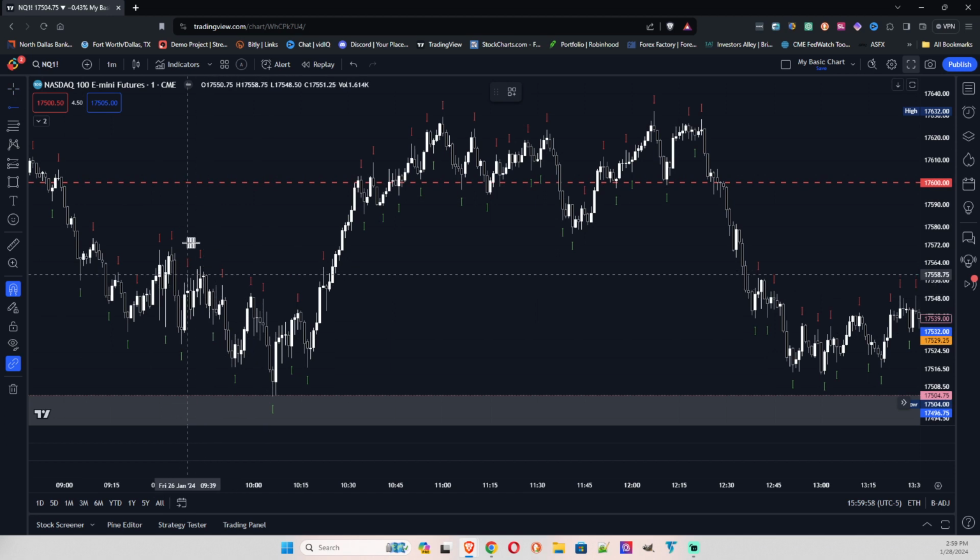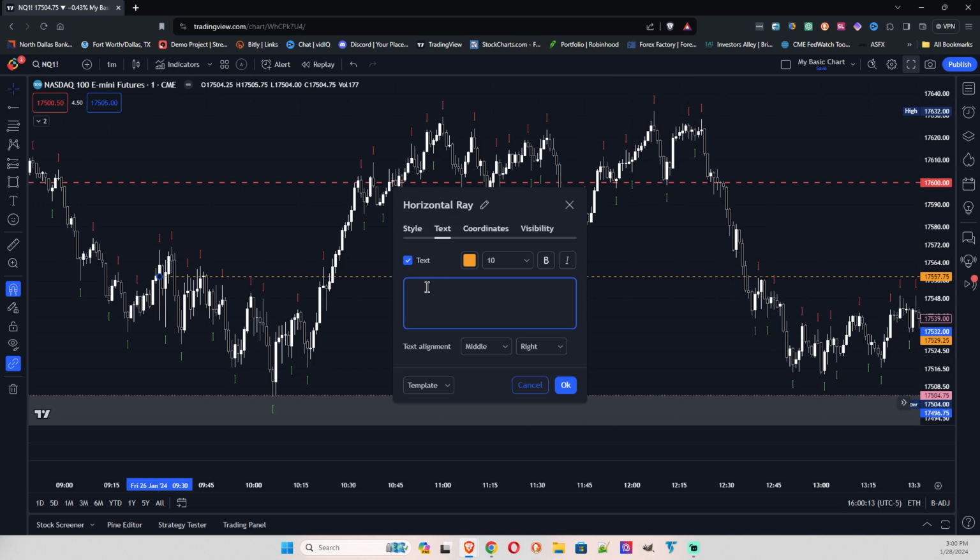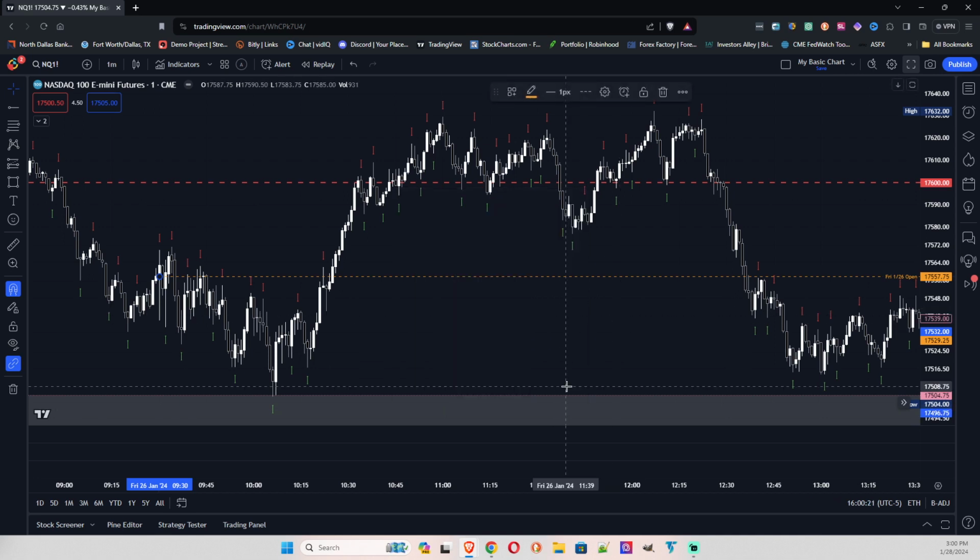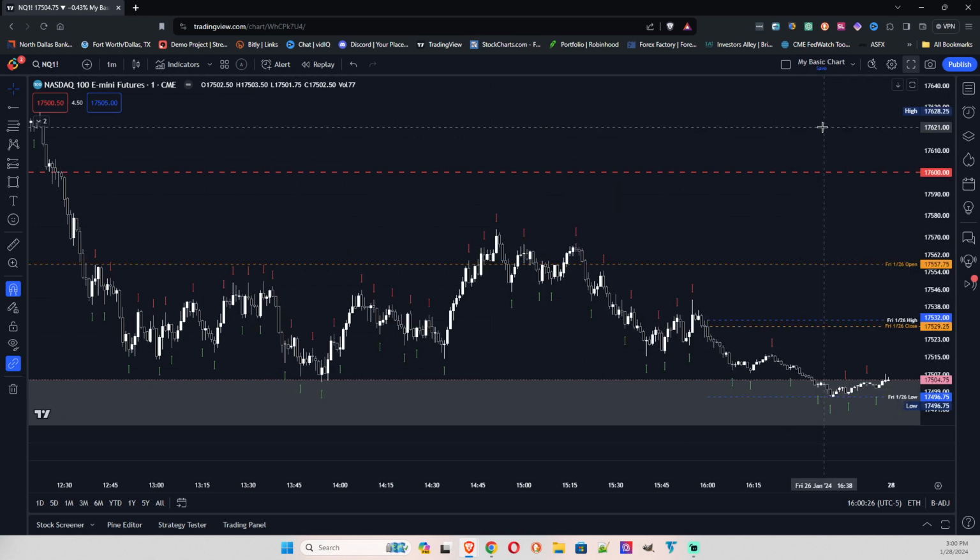Let's see, where's 930 at? There's the 930 open. Call this Friday 1/26 open. Save my chart. Go back to where we were. So now I've got last trading day's open and close.